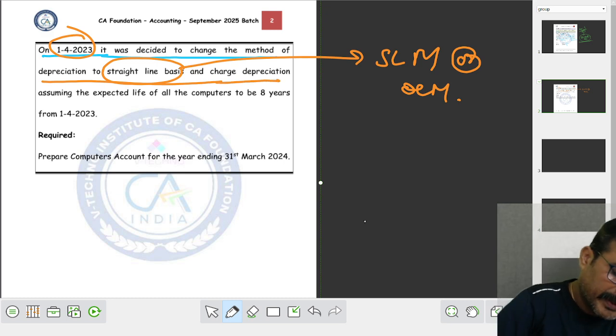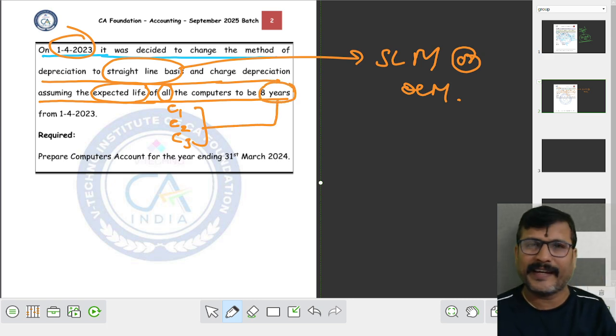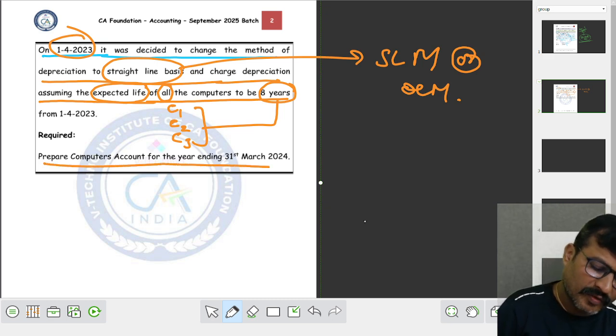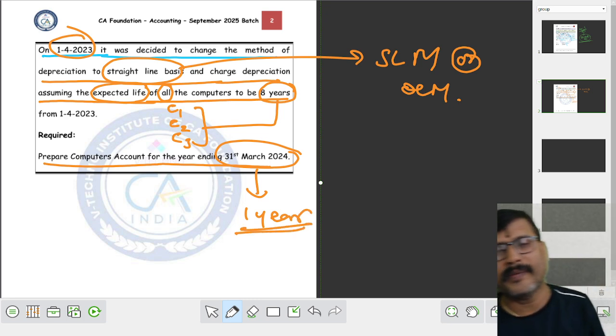They charge depreciation assuming that the expected life of all the computers, that is C1, C2, C3, is 8 years. Required: prepare the computer's account for the year ended 31st March 2024, which means we have to prepare the computer account for only 1 year.